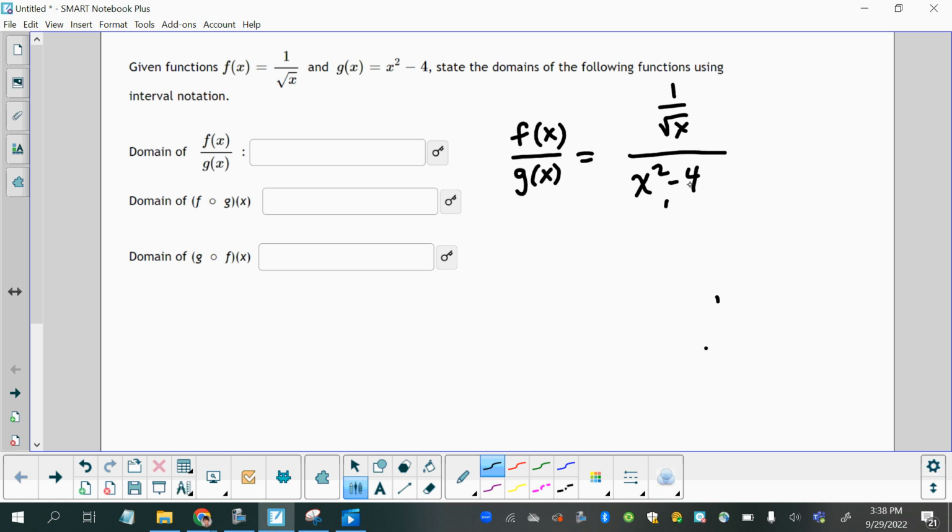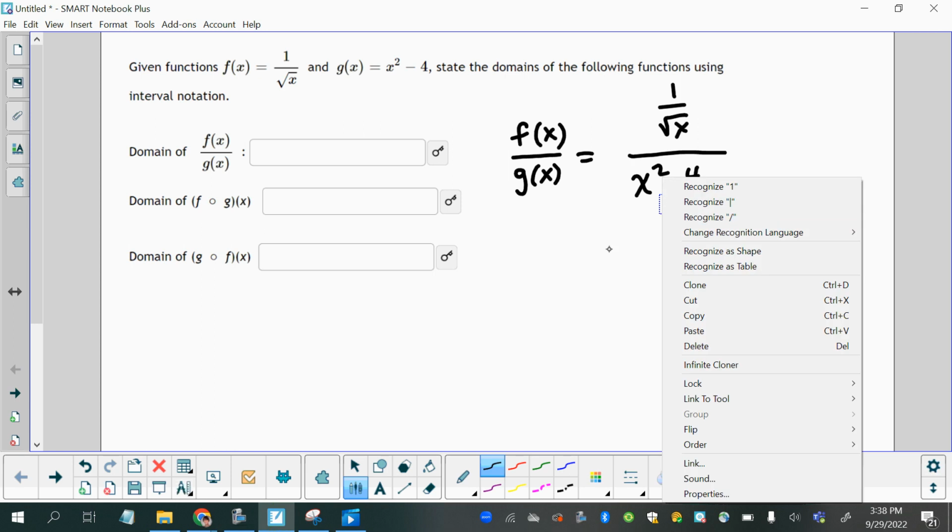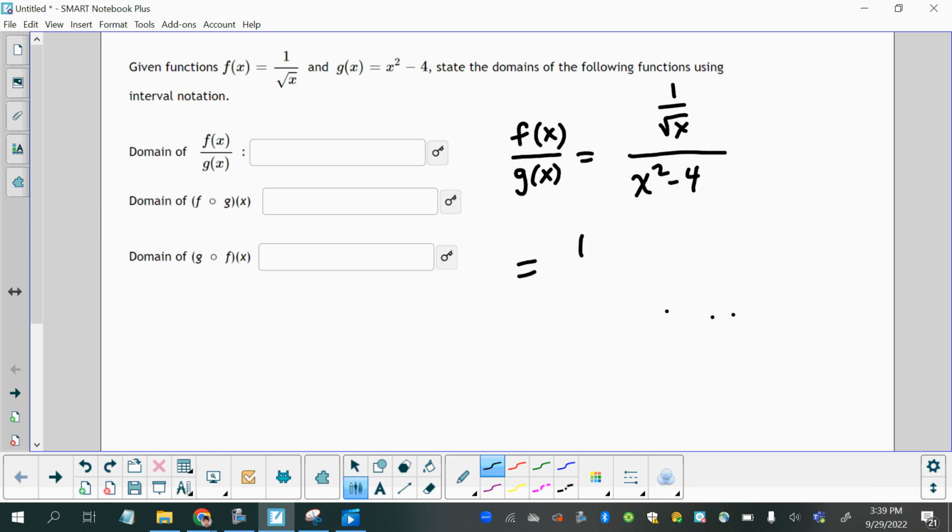Now, we are going to simplify this a little bit more since we actually can see this as a fraction divided by a fraction. If you put x squared minus 4 over 1, you can see this as a fraction divided by a fraction. And the way to divide fractions is the keep, change, flip method you may have heard of. Keep the first fraction the same, change from division to multiplication, and then flip the second fraction.